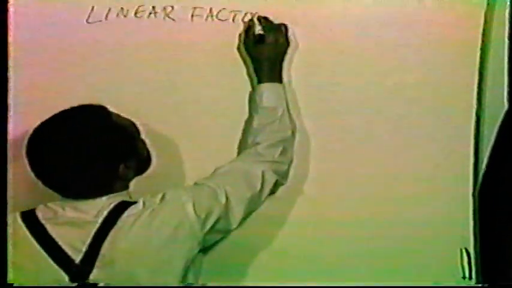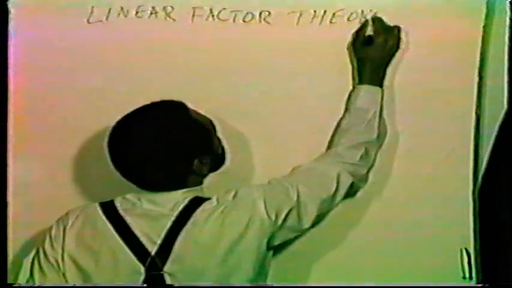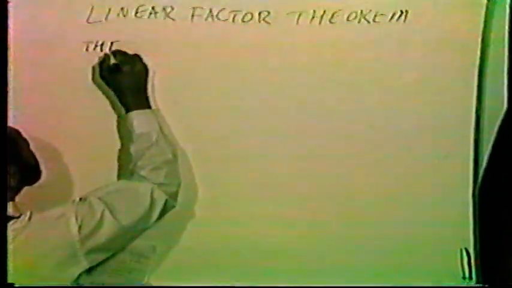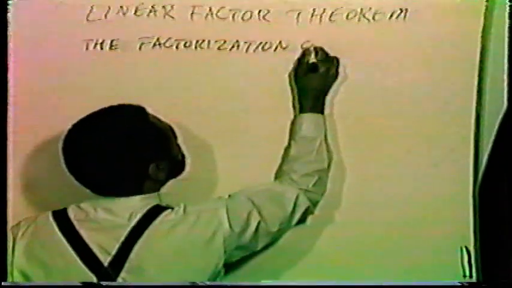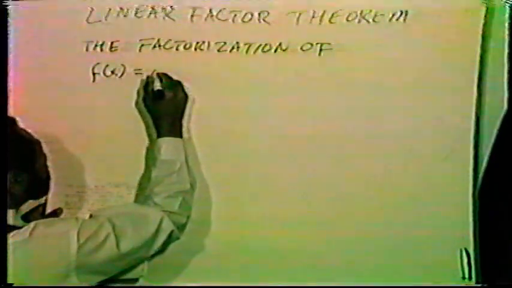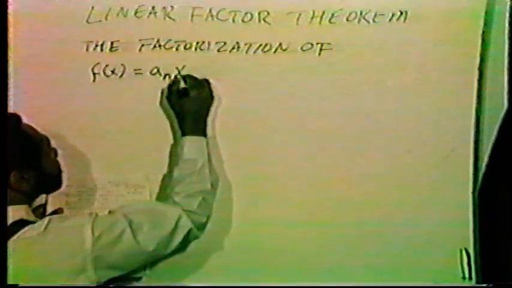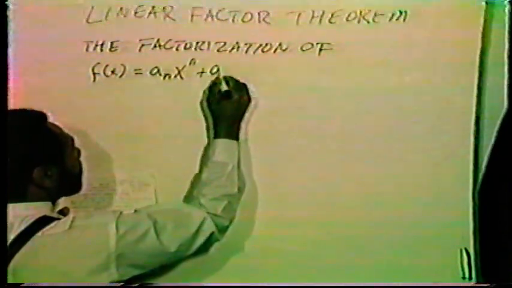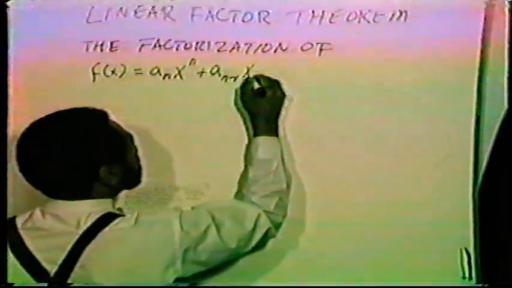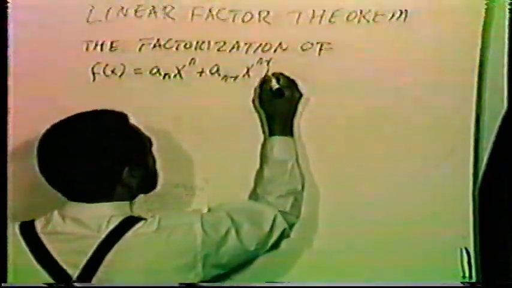The linear factor theorem tells us the factorization of the polynomial f of x equals a sub n x to the nth power plus a sub n minus 1 x to the n minus 1 power plus dot dot dot.